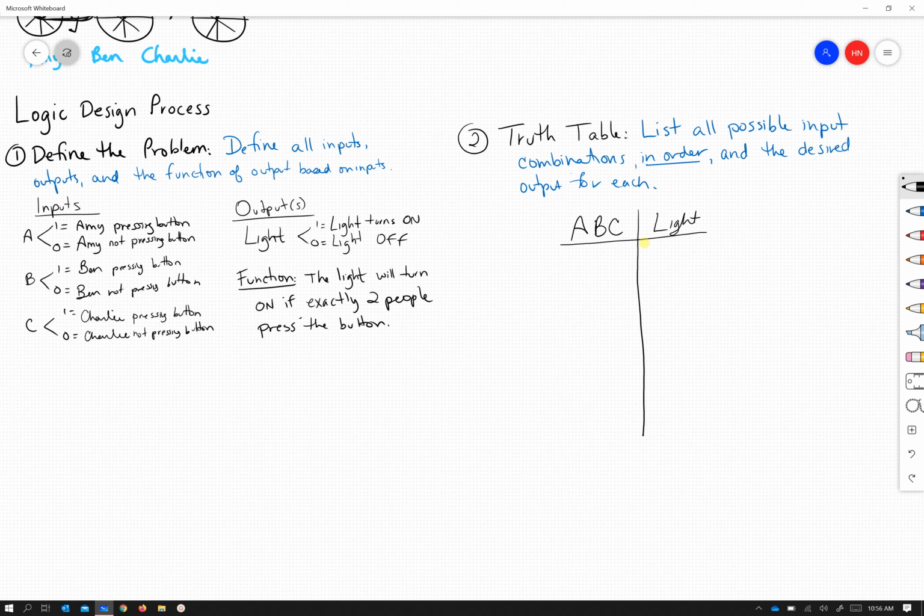So what I mean by that is don't start doing this. This is wrong. Like, oh, all on, all off, this one on, the second one on, the third one on. You may get all of them, but first of all, everyone's going to have a different order, and that's confusing. And second, more than likely, you will not get all of them.